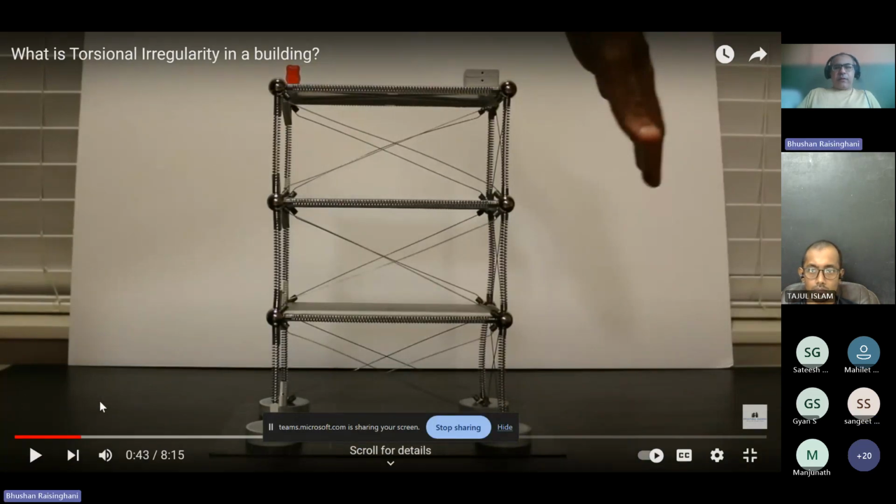Okay, so what has been demonstrated here is that this gummy bear, red, is a gummy bear that they have put as a load. On the other side there is a weight. So there are two frames. On the gummy bear side, there is a moment frame which is less rigid. On the right side, there is a braced frame which is rigid.